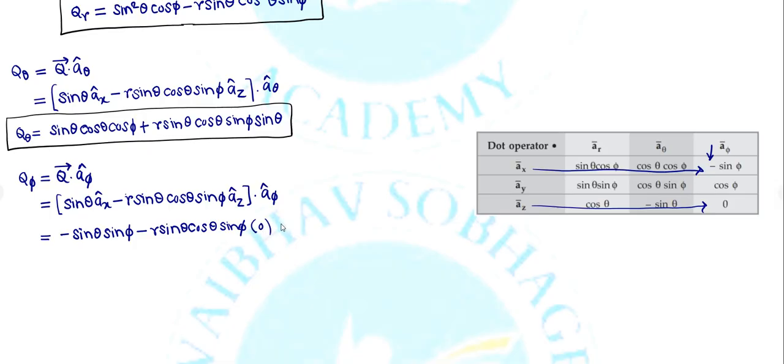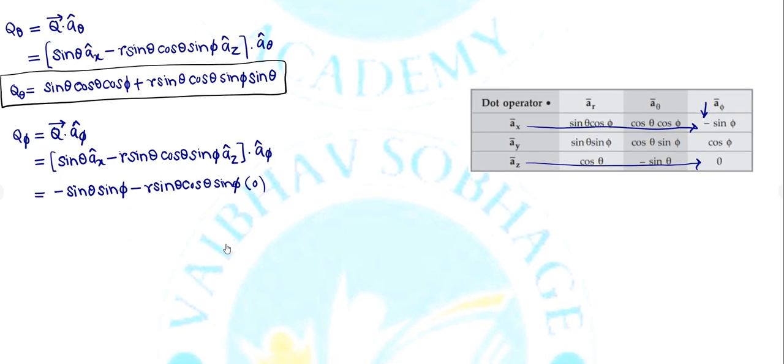I haven't seen that one, or else I would have directly written it to be 0. Okay, fine, for your reference you can say that the dot product between Az and A phi is equal to 0. So again, rewrite Q phi. So we have Q phi to be what? Minus sine theta sine phi.